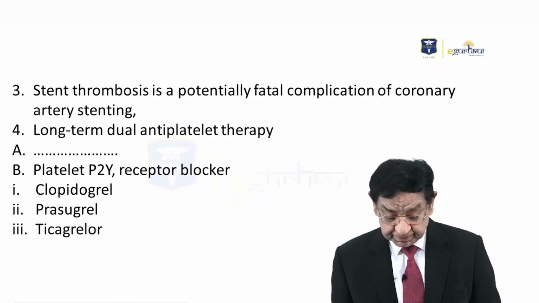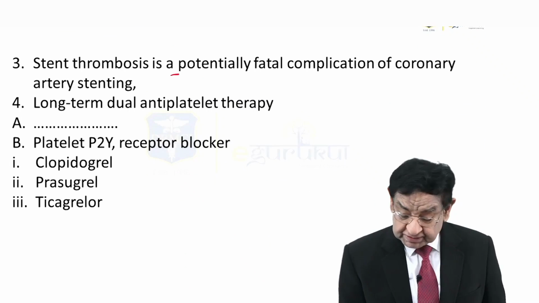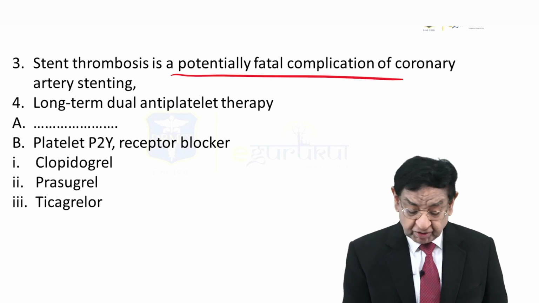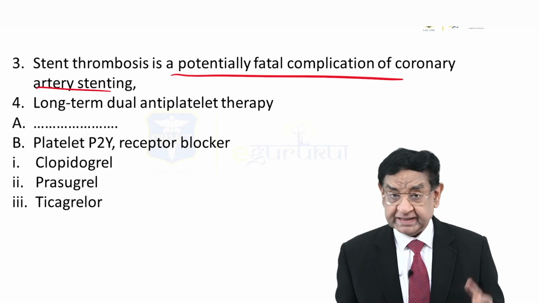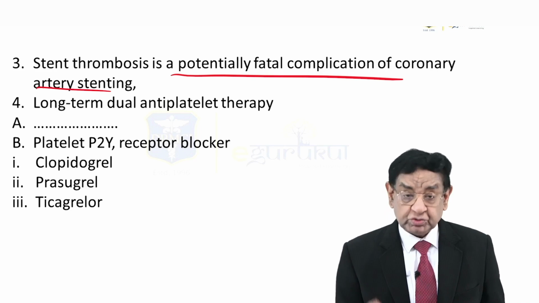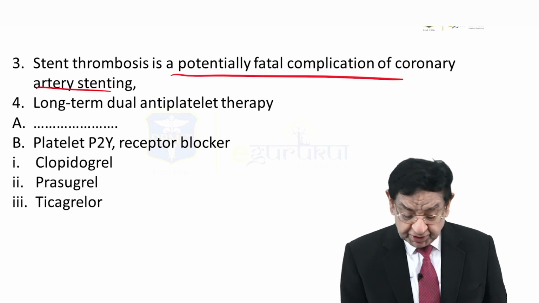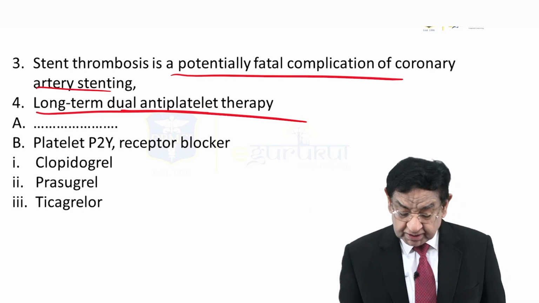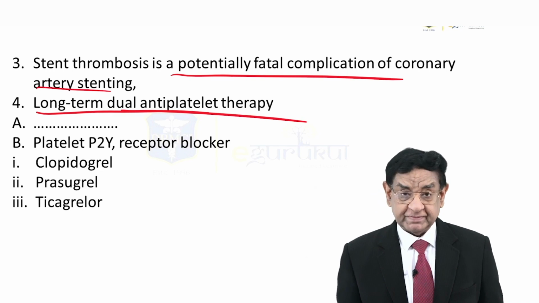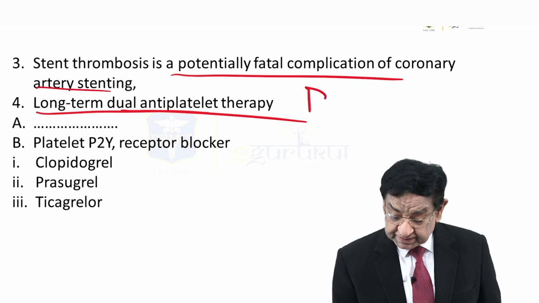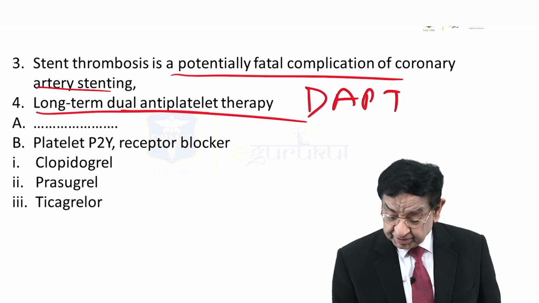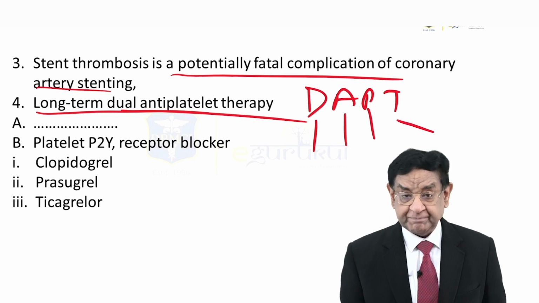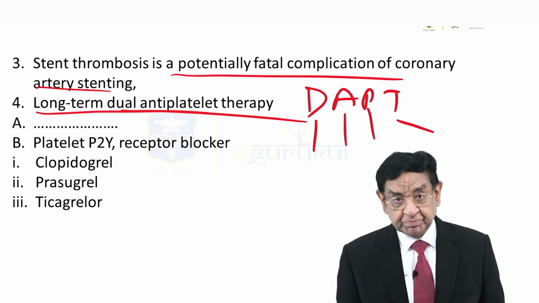Stent thrombosis is a potentially fatal complication of coronary artery stenting, like in this patient. So whenever we put a stent, long-term dual antiplatelet therapy, what we call DAPT, should be given.